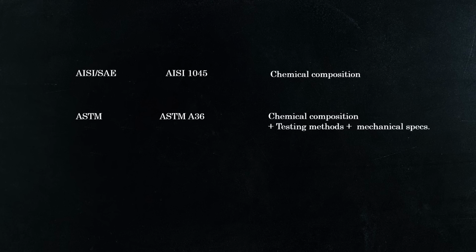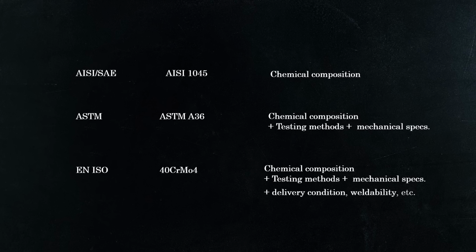For example, AISI gives simple numerical identities based on chemical composition. ASTM goes a step further and includes testing methods and mechanical specs, whereas EN ISO standards are even more detailed, offering specific delivery condition, weldability, and many things.